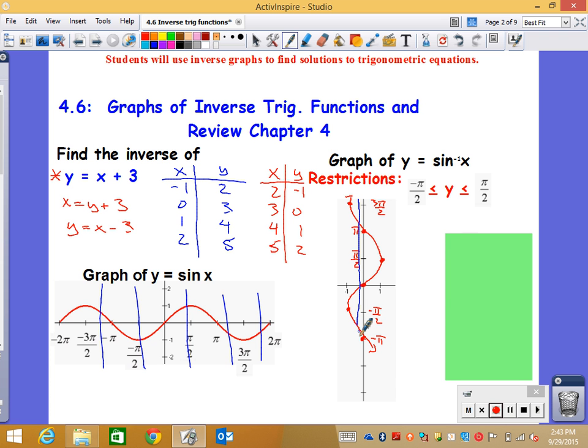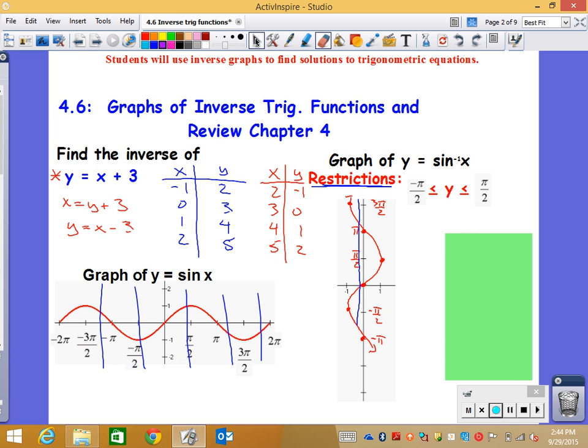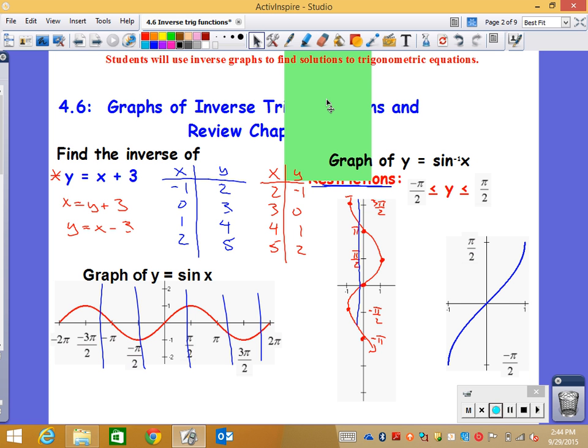So this is why we introduce restrictions. We're going to restrict the y's here. There we go. So we restrict the inverse sine graph to negative pi over 2 and pi over 2.